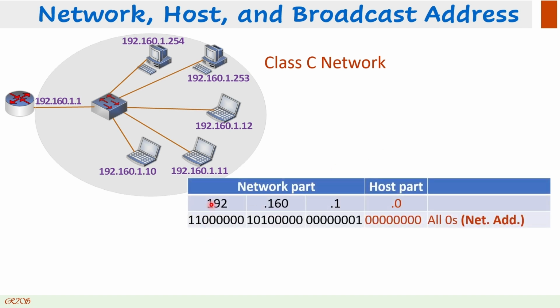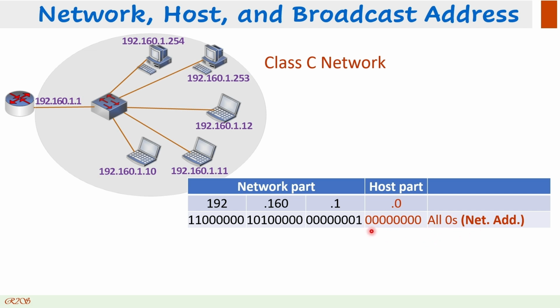So if we consider 192.168.1.0, and this is our network address, with a network part and a host part, then if we convert it to a binary number, the host part is all 0.